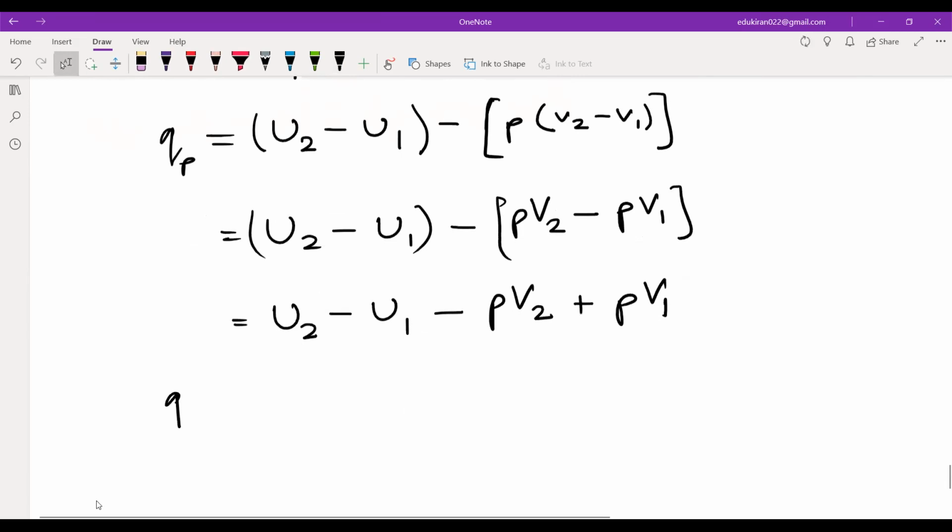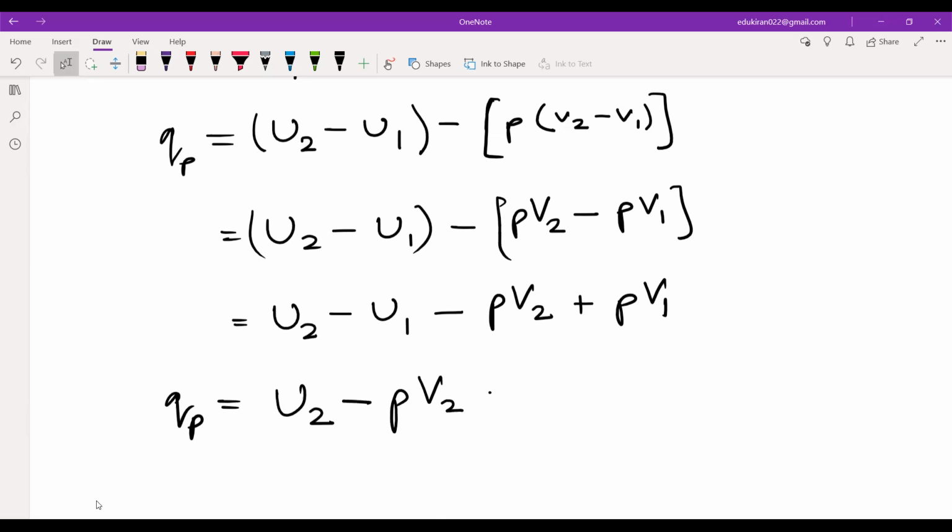Whatever the heat involved at constant pressure, it will be equal to U2 minus PV2 plus PV1, since we have sent it here.